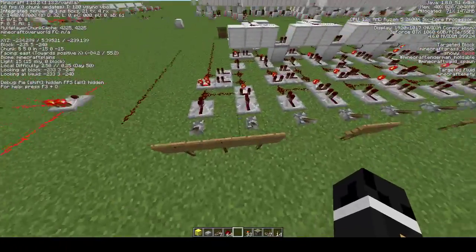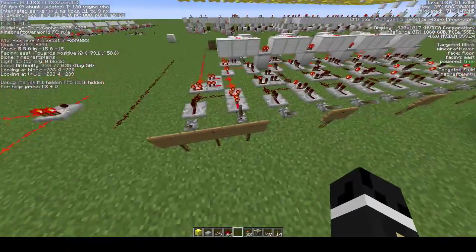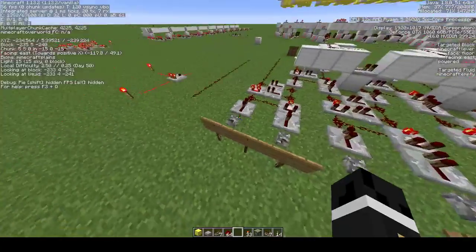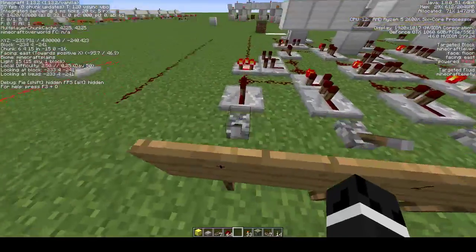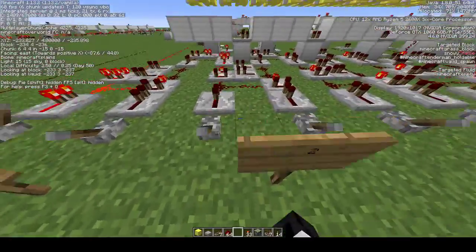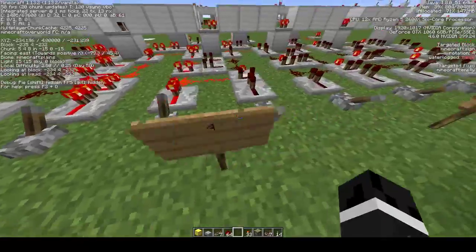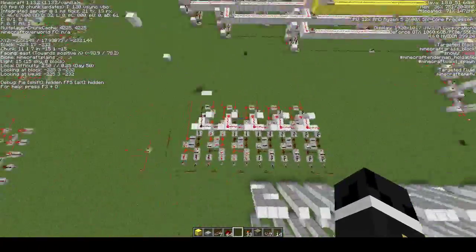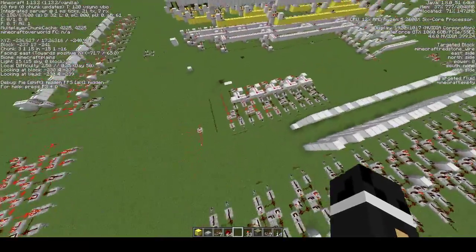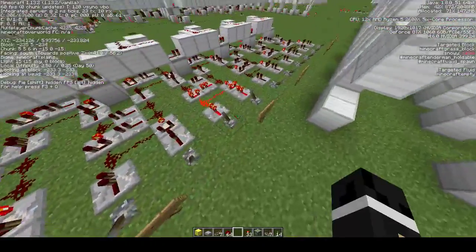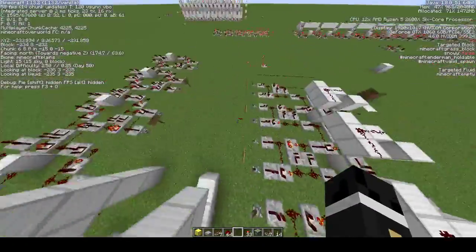So, let's say you wanted to subtract, let's see, 7 minus 5. No, 5 minus 7. Let's do that again. 5 minus 7 would get all of these active, which is definitely not the right answer. So, the way I've worked around this is a thing you can do with math.